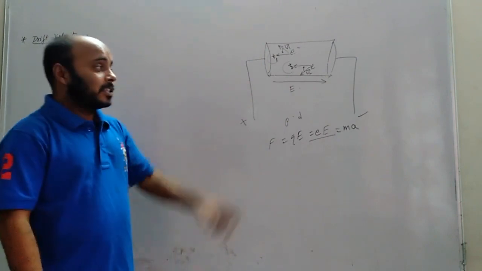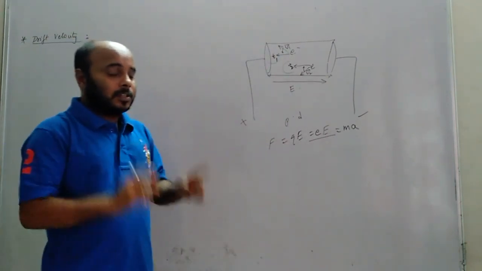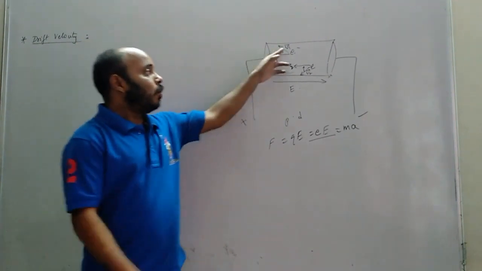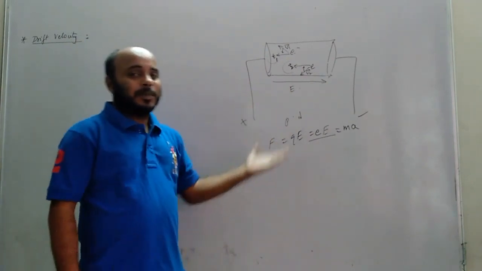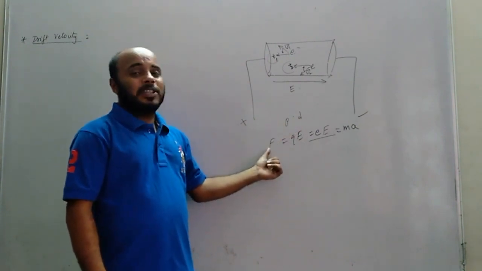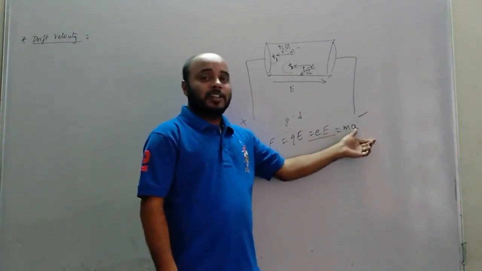This is a general overview of the whole derivation, and you need to understand it nicely. First, we take all the electrons moving with some thermal velocities, u1, u2 like this. Then we apply some potential difference, some electric field. The force experienced by each electron will convert into acceleration.